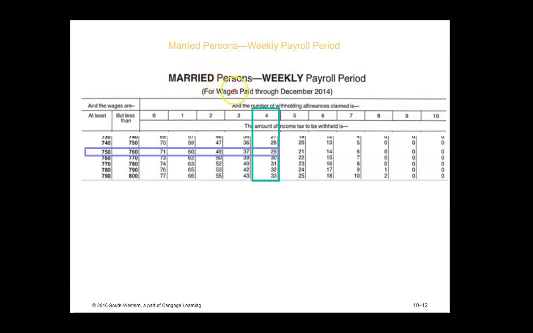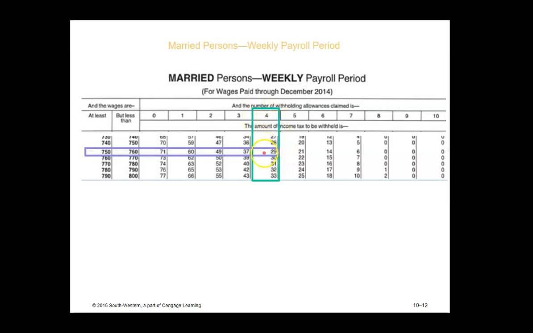So for a married person and their gross pay, if you recall, Kyle's gross pay was around $752. So it fell between $750 and $760. Recall that he also had 4 allowances.